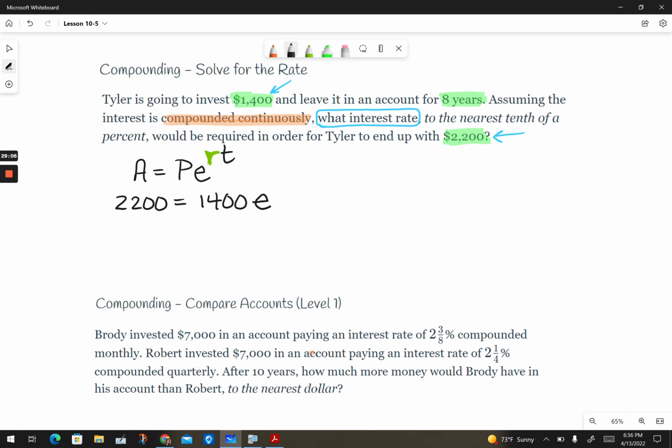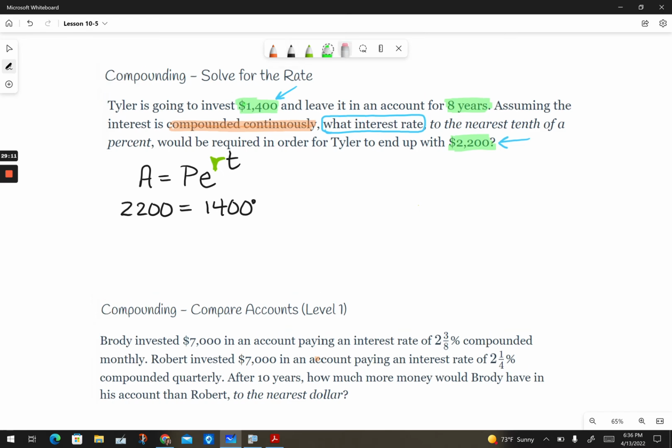Notice again, look at the variable I'm looking for. And so there's an alert. It is an exponent. And you guys know when we have to isolate an exponent, you have to rewrite the equation into log, because that's the only way to isolate the variable.